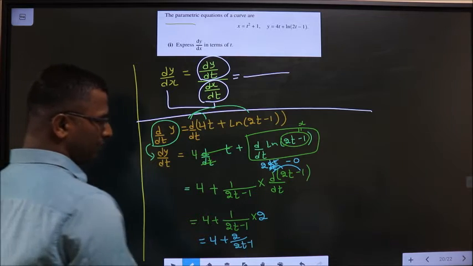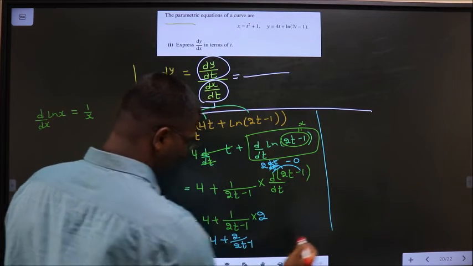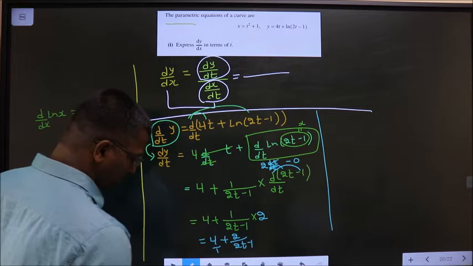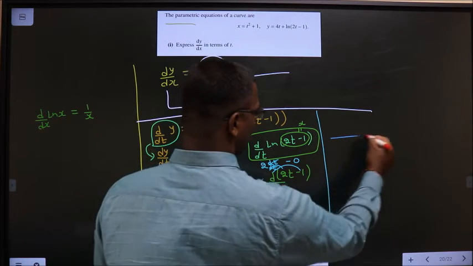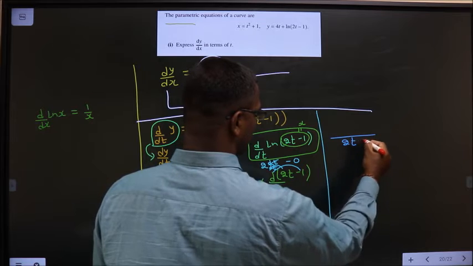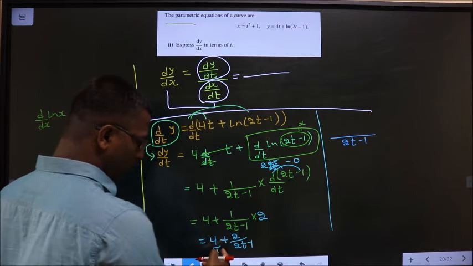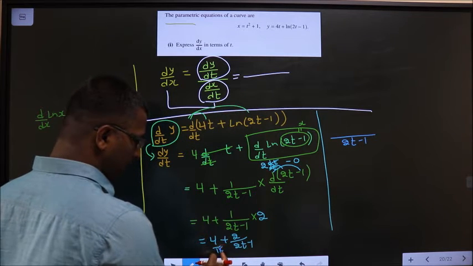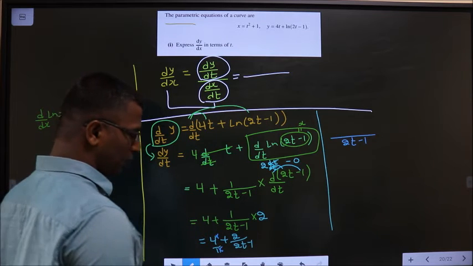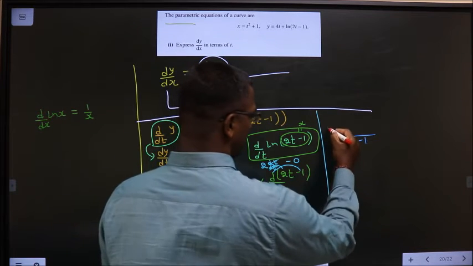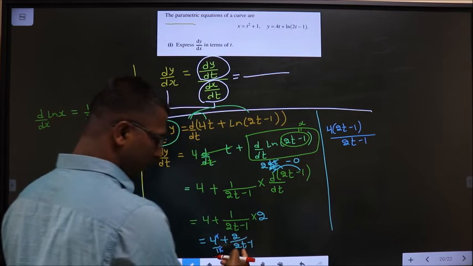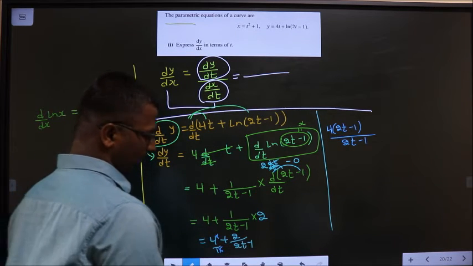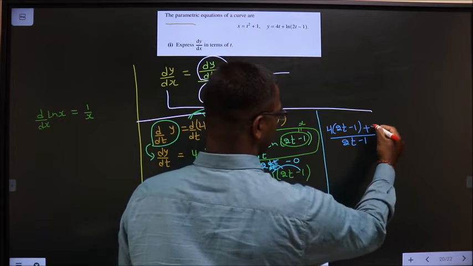Let us simplify it further. What if I take the LCM? Now the LCM will be 2t minus 1. So now 4 should become 4 times 2t minus 1, meaning multiply denominator and numerator with 2t minus 1. So this is 4 times 2t minus 1, and here you don't need to multiply, so plus 2.